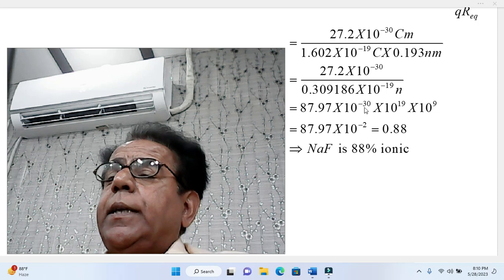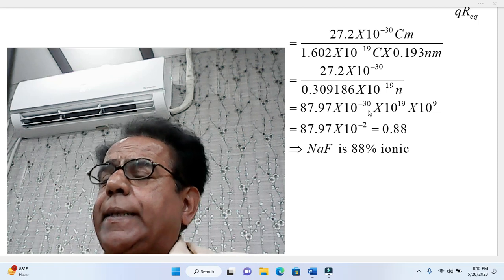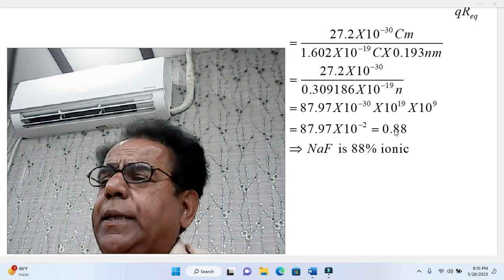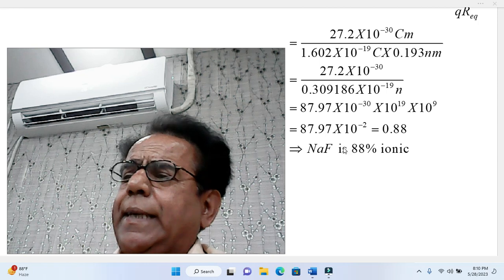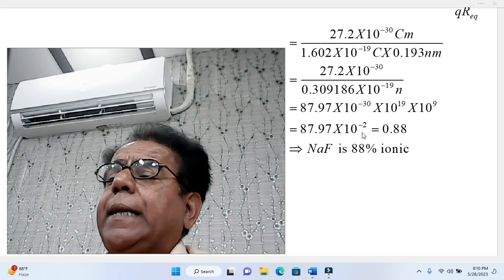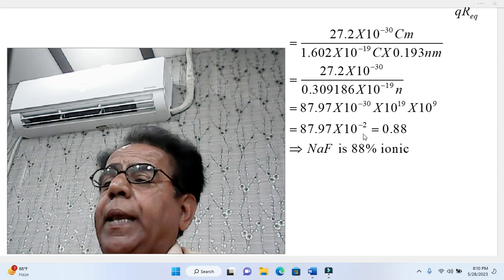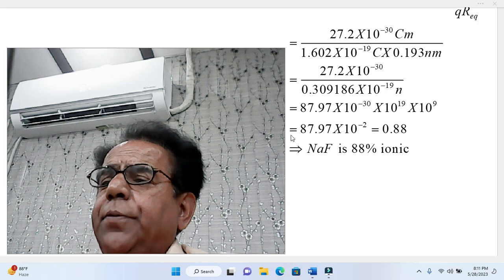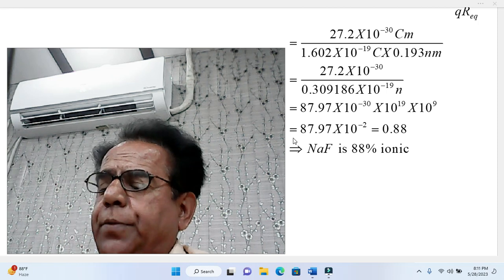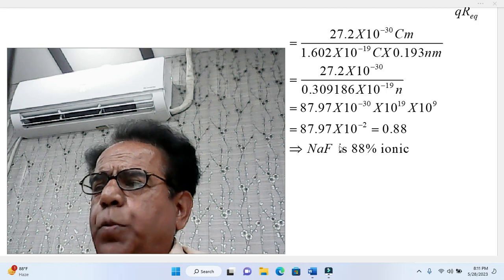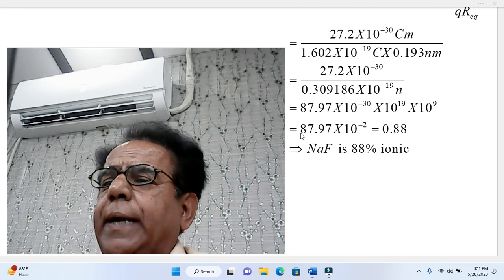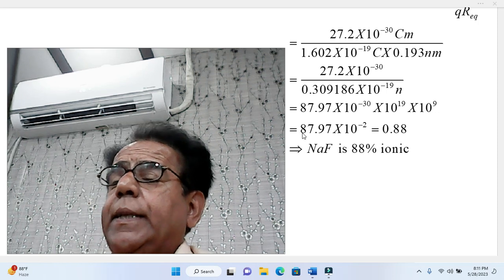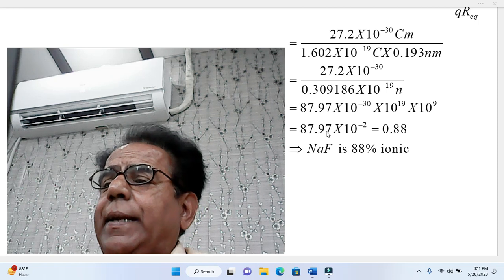Out of 10 raised to the power minus 30, 10 raised to the power plus 28 will be subtracted, and we will be left with only 10 raised to the power minus 2, and this will change this figure to 0.8797.